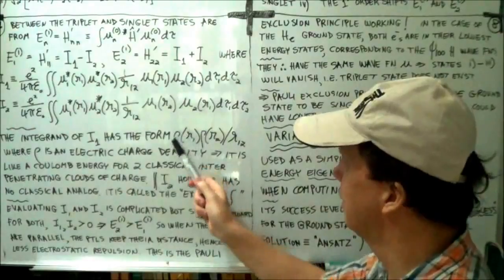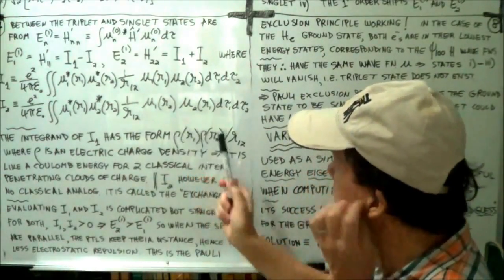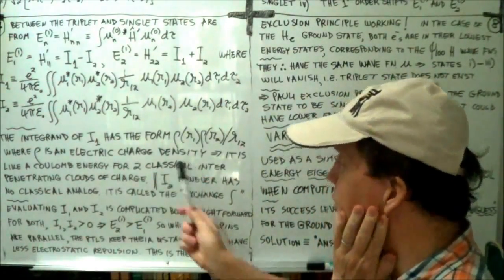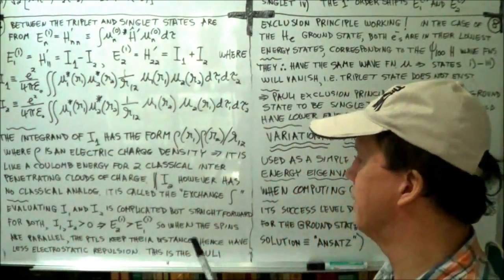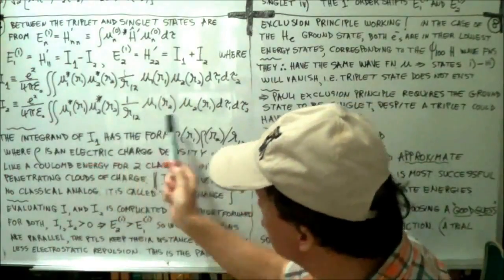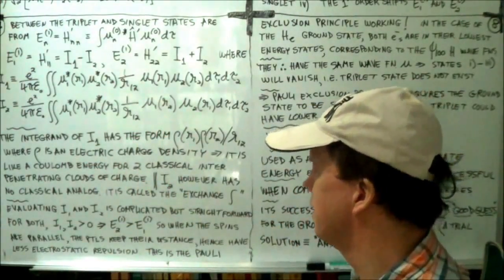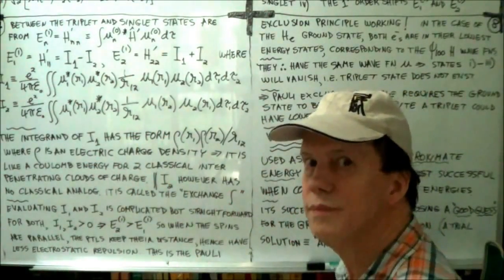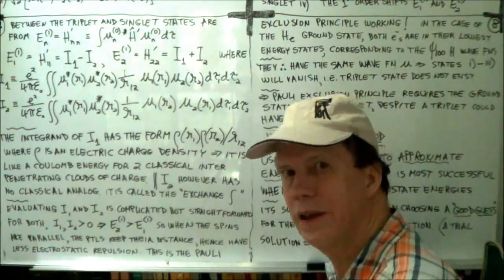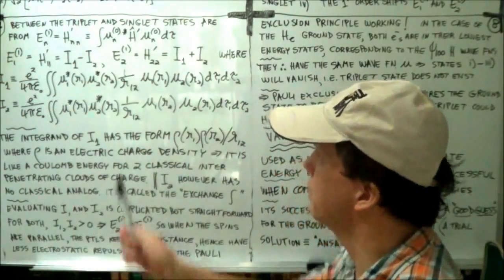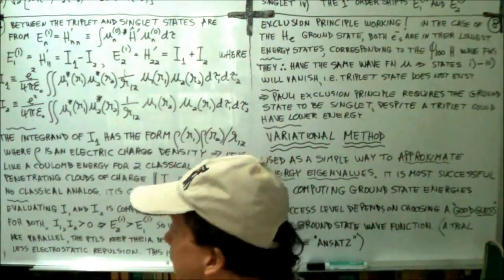Okay. Now for I2, this one here has no classical analog. It's labelled the exchange energy, and there's no intuitive, familiar, classical interpretation. It just comes out of the mathematics.